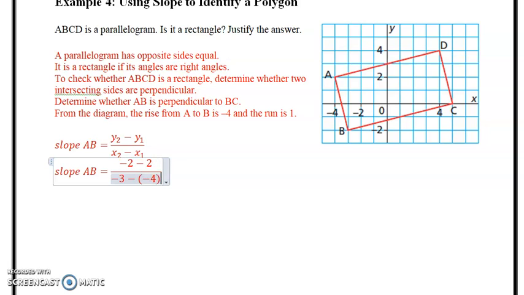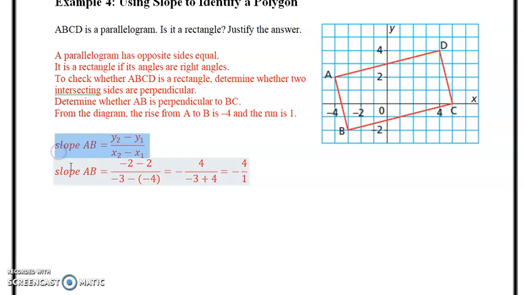Again, just looking at it, I determined it was -4, but this will confirm that. -4 over, and this becomes -3 plus 4, add the opposite, which equals -4 over 1. I'm going to leave it like that. I'm not going to simplify it to -4, and you're going to see why in a minute.